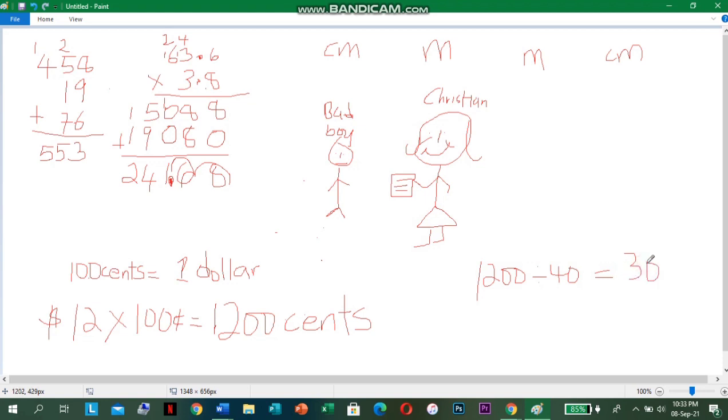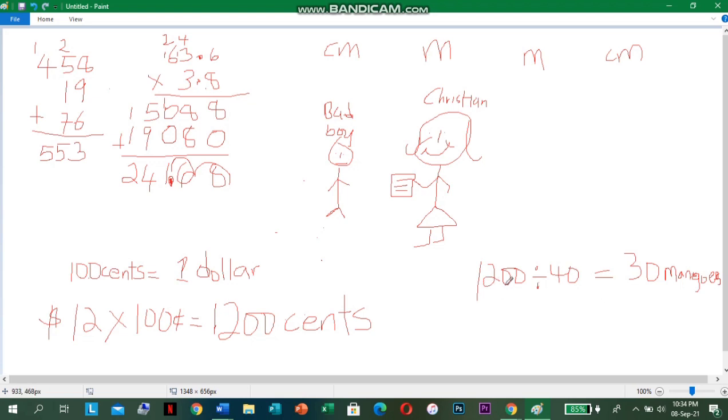All right. So 1,200 cents can buy 30 mangoes.